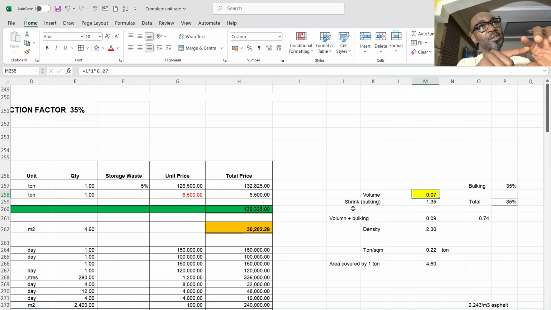You're going to lay something in the range of 90 mm to compact to get 70 mm. And how did I arrive at it? For 1 square meter, after you multiply by 0.75, you have 0.075 as the cubic meter, the volume.